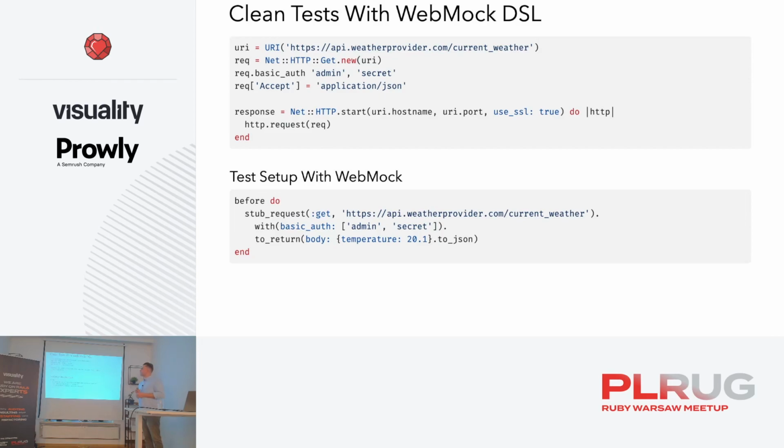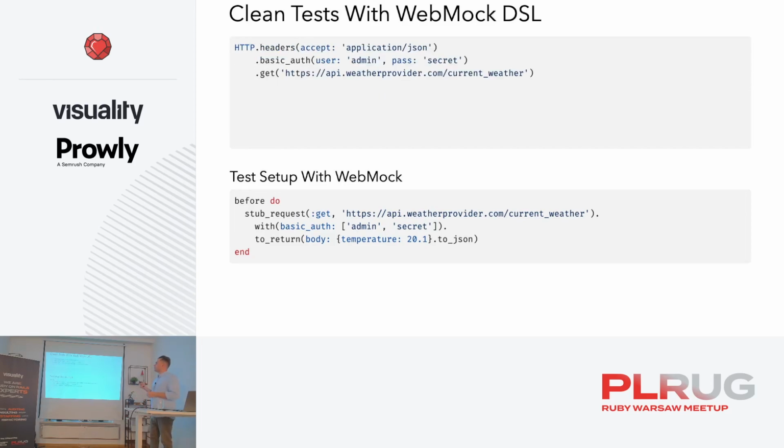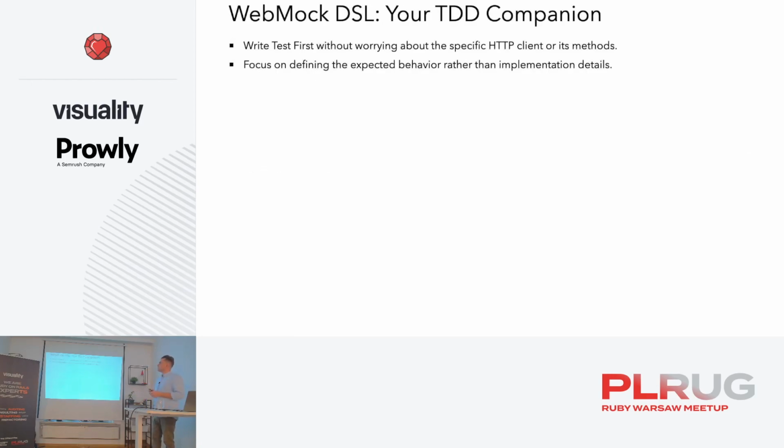And first we can change it to use some more friendly HTTP library, like HTTP-RB, for example, which gives us this nice DSL for making requests. WebMock is very useful for test-driven development.